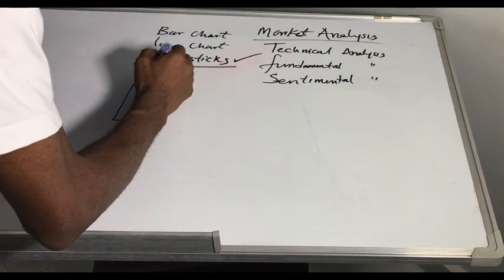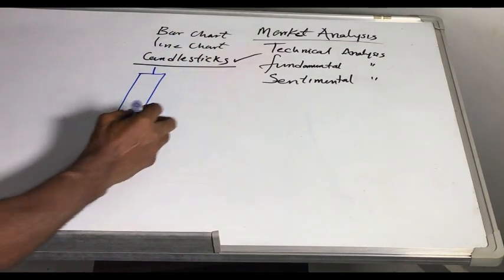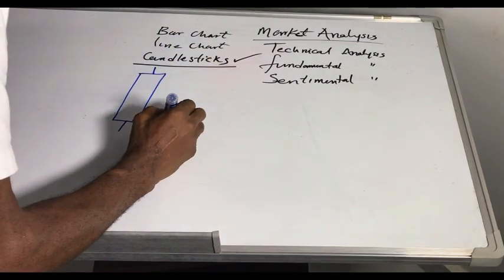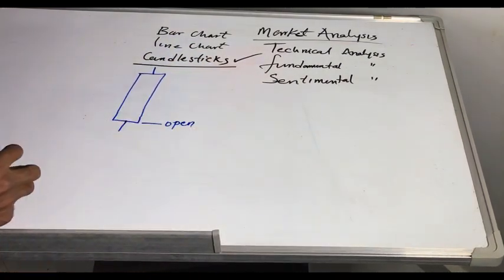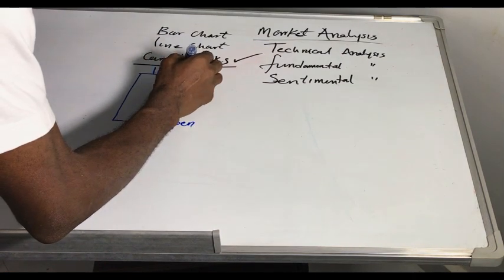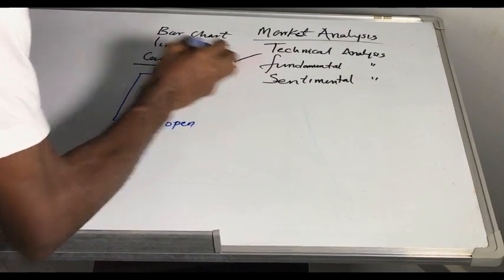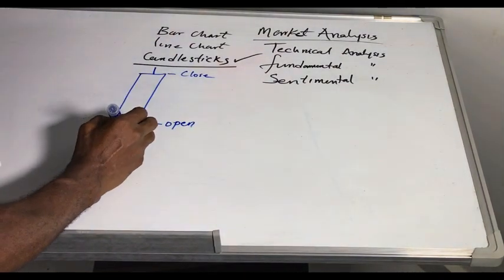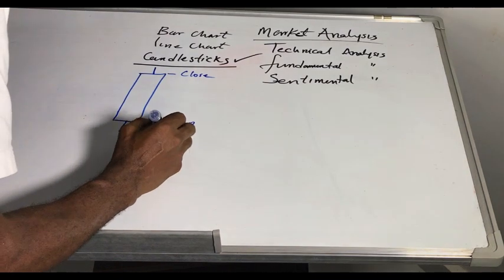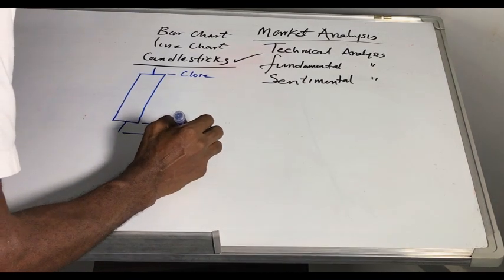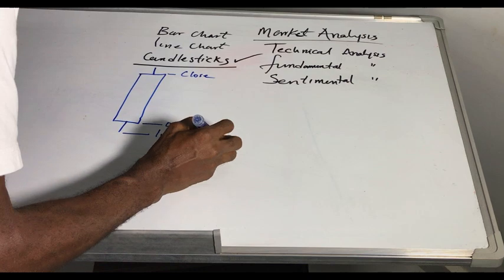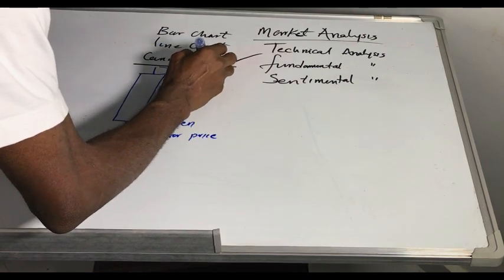A candle with, this is it has the opening price, then we have the closing price. We have the lower price, then we have the upper price.